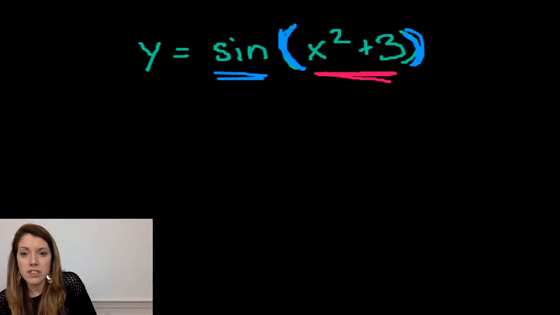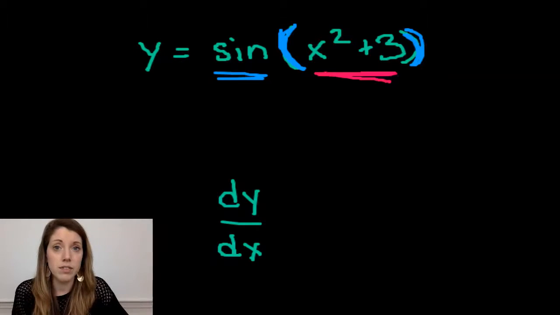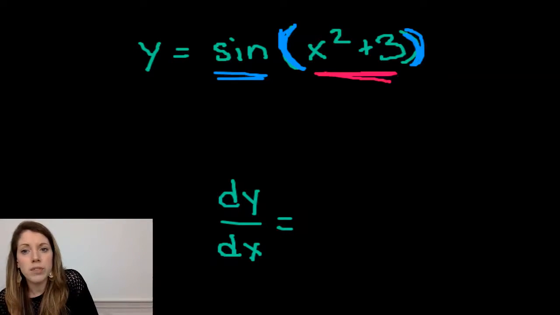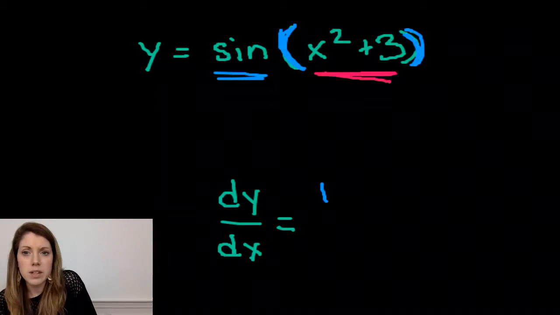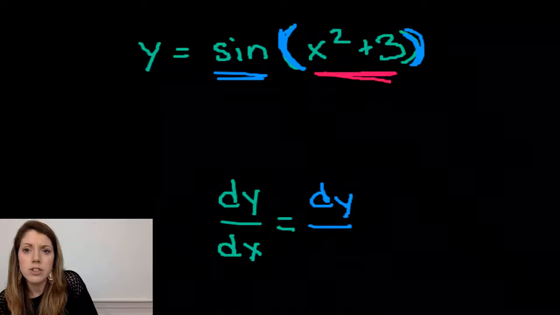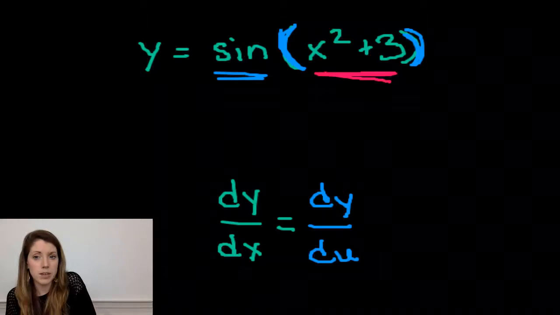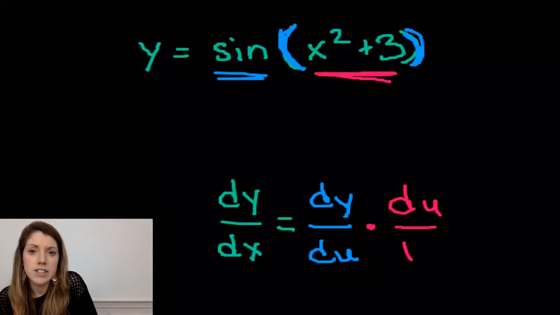So I'm going to make the statement that dy/dx, which is our symbolic way of saying take the derivative of y with respect to x, is mathematically equivalent to this operation: dy/du, which I know, what on earth is du? We don't know yet. We'll find out. But dy/du times du/dx.